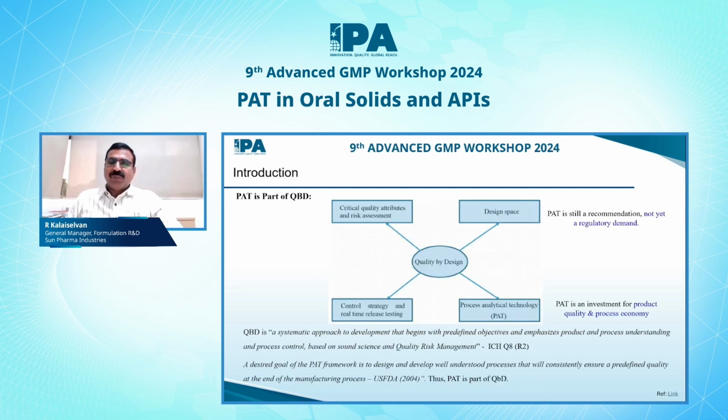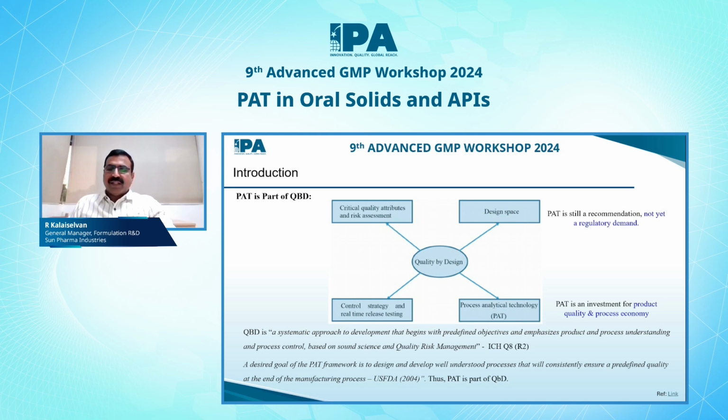PAT is part of QbD. This we can understand from the definition given below the diagram. There are two definitions. One is QbD, defined by ICH. The other one is PAT tool, defined by US FDA. And if you see this definition, one common goal is mentioned: how to get the consistent predefined quality.